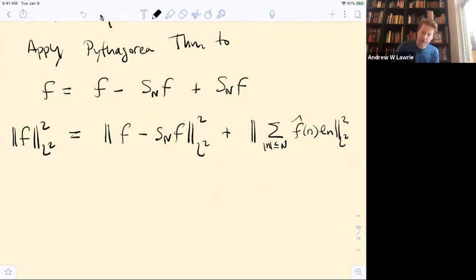Okay, so now I have a nice representation of the L2 norm of f in terms of these two quantities on the right hand side.